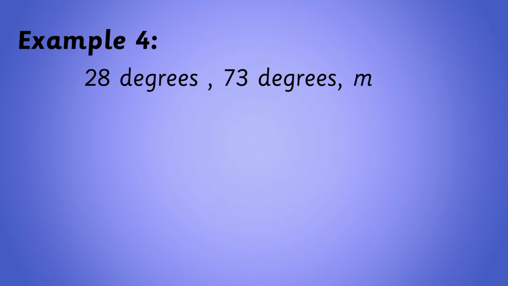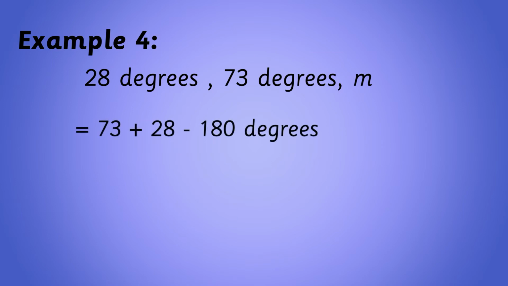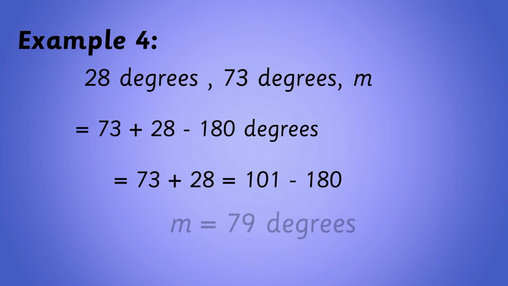So what we're going to do is add 73 and 28 and minus it from 180. So 73 plus 28 is 101. So that'll be 180 degrees minus 101 degrees, which will give us 79. So in this question, m is equal to 79 degrees.